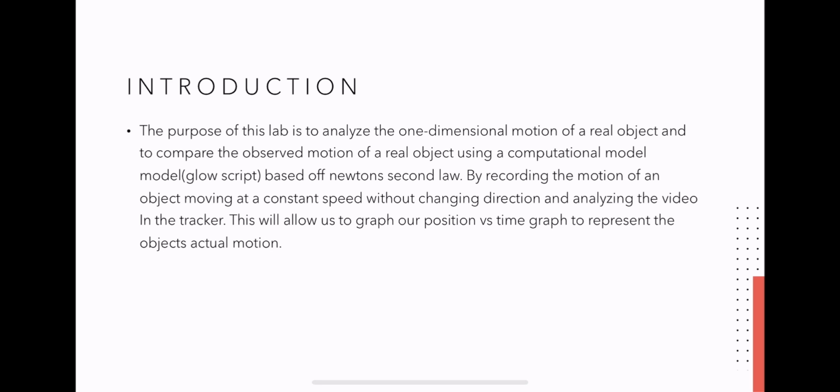When recording the motion of the object moving at constant speed, it didn't change direction, and we analyzed that in the video, making sure to use a calibrator on the Tracker app. The calibrator will allow us to graph our position versus time graph to represent the object's actual motion.